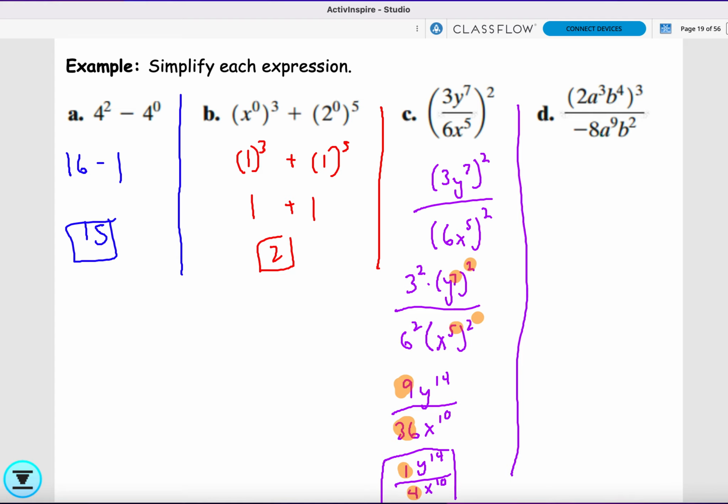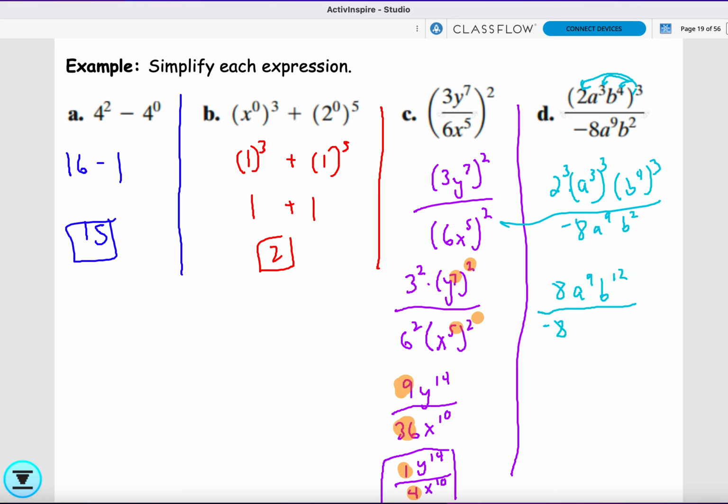Last one, guys. Same here. So this is the only one that gets the third power, over here. So the 2, the 3, and the 4. So it'll be 2 cubed a to the 3rd power, b to the fourth to the third power. So we're going to multiply here, leave that there, negative 8a to the 9th b squared. 2 cubed is just 8. 8 to the third times third is just 8 to the ninth. We're multiplying them. And then b to the 12 over negative 8, a to the 9, b squared.